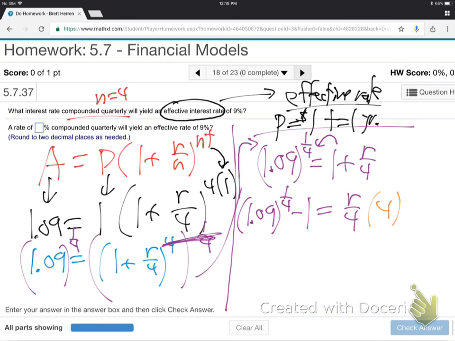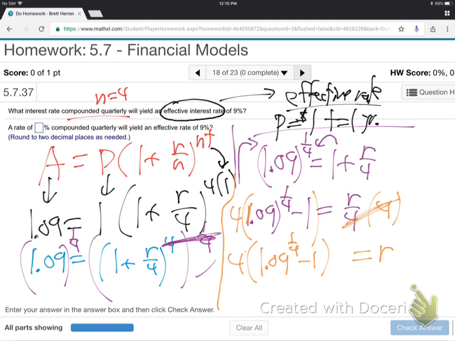Multiply both sides by 4. So I multiply both sides by 4. That cancels that out. R is alone. It's 4 times (1.09 to the 1/4 minus 1).